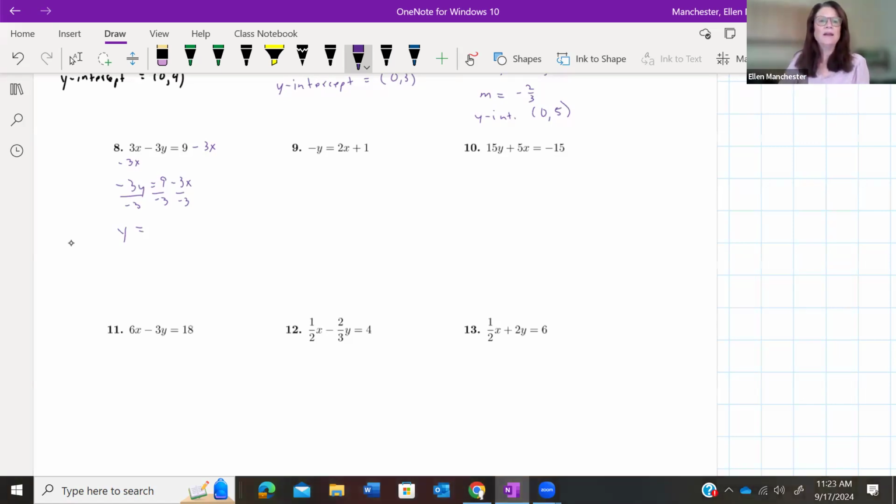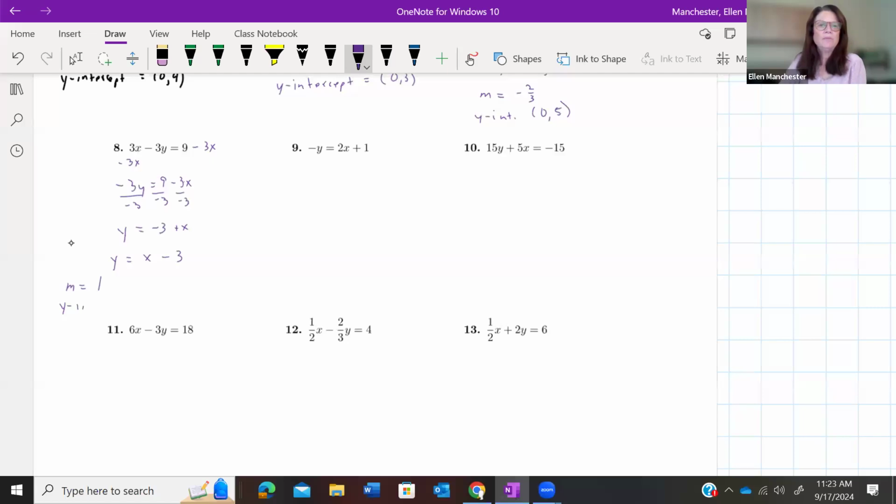All right, so we got 9 divided by -3 is -3. -3x divided by -3 is plus x. So I have y equals x minus 3. So again, watch those signs. Okay, what's my slope? 1, good.